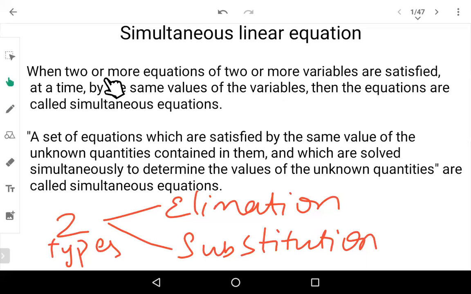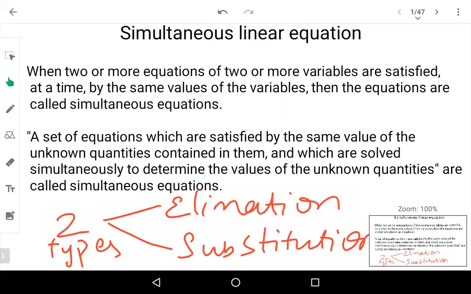So when two or more equations of two or more variables are satisfied at the same time by the same values of the variables, then the equations are called simultaneous equations. Suppose we have two equations, and when we solve both the equations, we get the value of x in both the equations as same, and the value of y is also same.